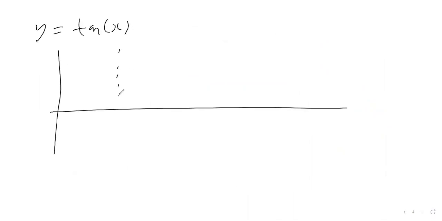So if we think about a y equals tan x graph, you've got these asymptotes, haven't you? You've got these asymptotes at pi over 2, at 3 pi over 2, like these odd multiples of pi over 2, so 5 pi over 2, and so on.